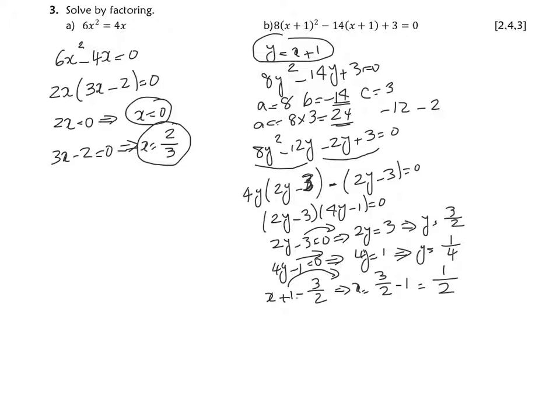And the second one, x plus 1 is equal to 1 over 4, because y is 1 over 4. Move this 1 to the right. I get x is 1 over 4 minus 1, which is 4 over 4. 1 over 4 minus 4 over 4 is negative 3 over 4. So the two answers are 1 over 2 and negative 3 over 4.